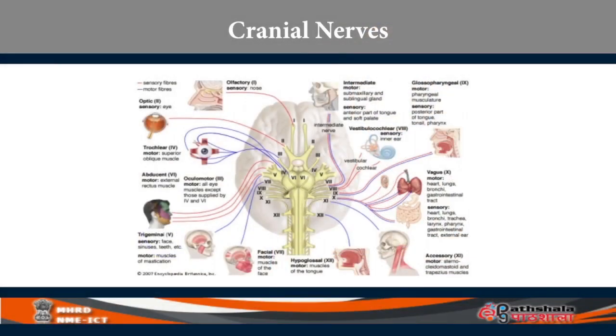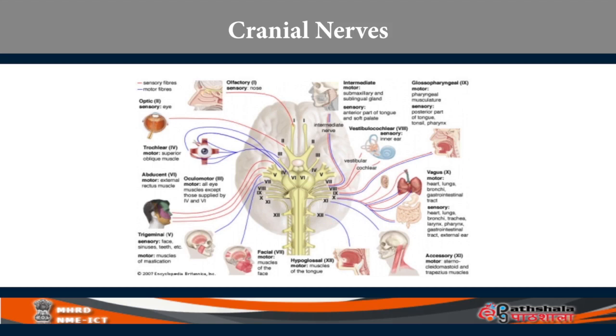The two hemispheres are shown from the back, and the cranial nerves, if you pay attention, cranial nerve number 1 is olfactory, it's right on top, whereas cranial nerve number 12 is relatively at the bottom towards the end, and so you have 1, 2, 3, 4.